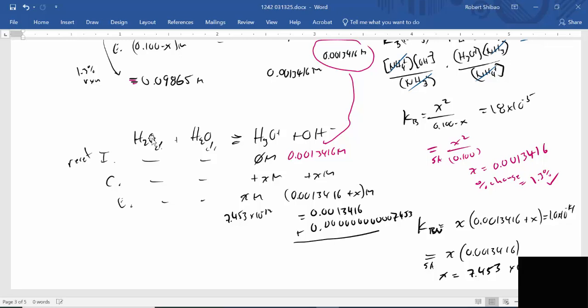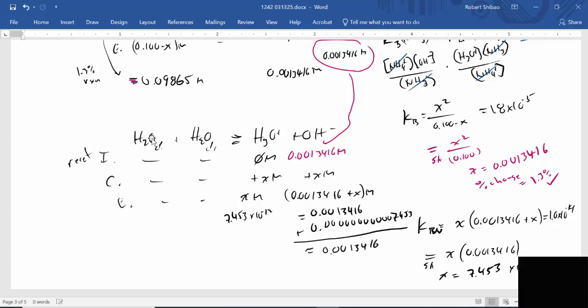Now, when I look at this, I said the max I'm going to produce is 10 to the minus 7. I produced a lot less because we already have a lot of hydroxide in there to begin with. So did it change it much? Would you say this change is significant or negligible? That's a negligible change. And in fact, what I'm going to end up with is this, 0.0013416.